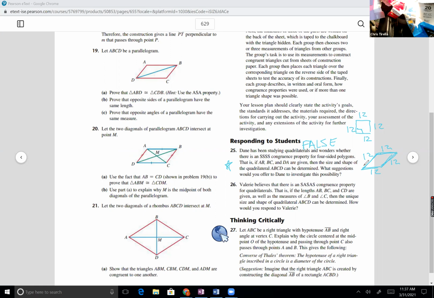I don't know, for example, if all sides are 12, whether I should draw a square or a rhombus. We need to know an angle in a quadrilateral, at least one angle, if not more. Okay, yes, thank you. You're welcome.